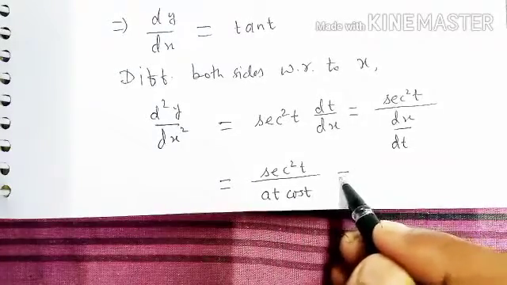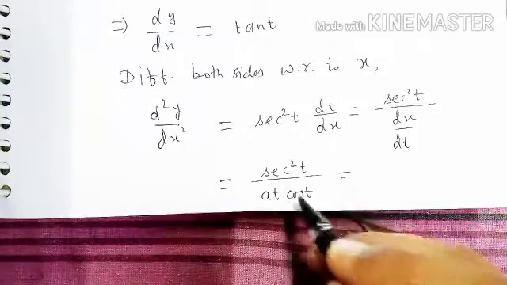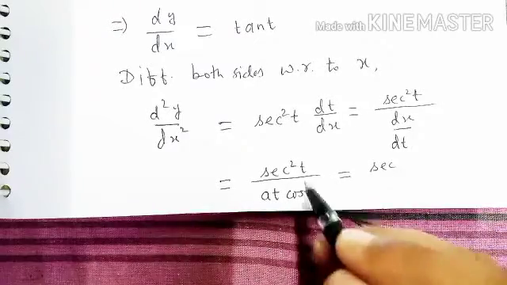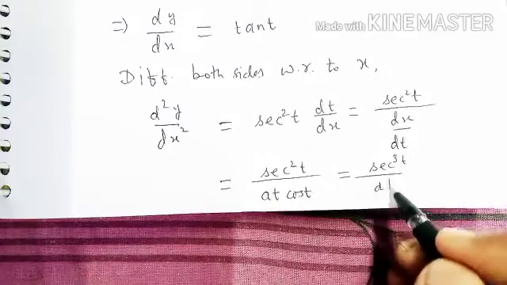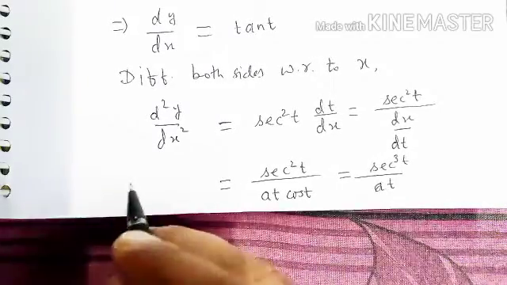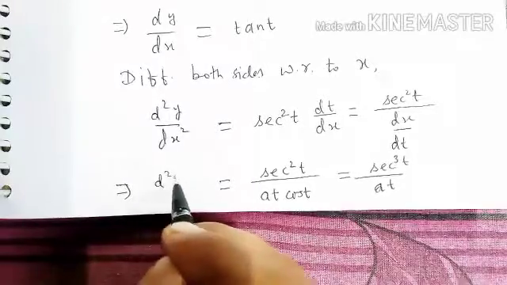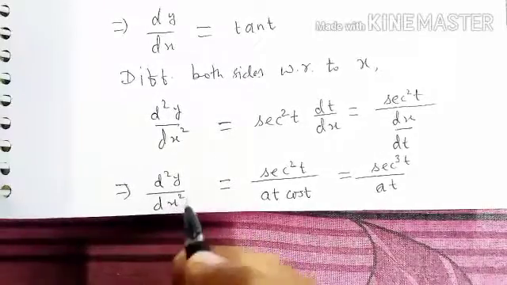Since 1 by cos t is sec t, we get sec cube t by a t. This is our d2y by dx square.